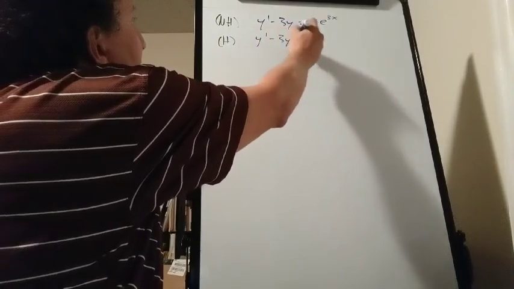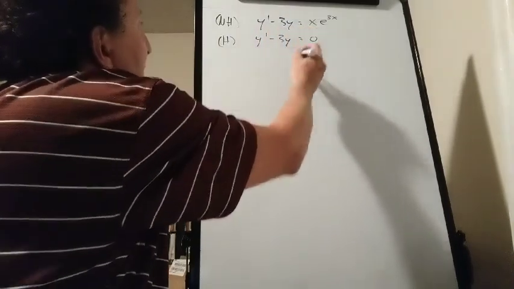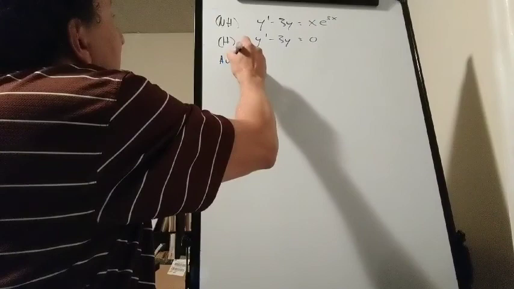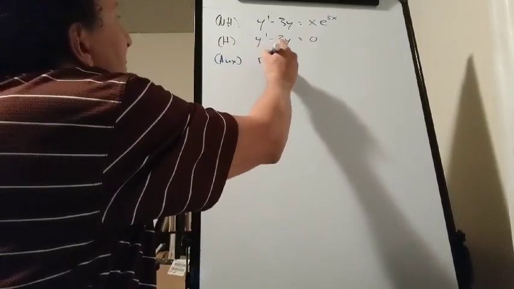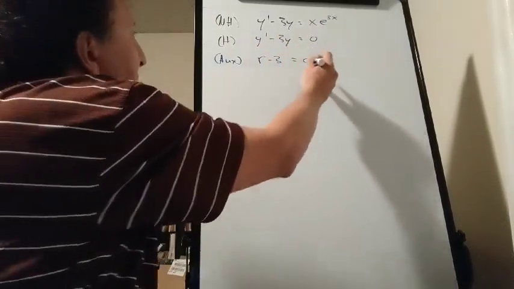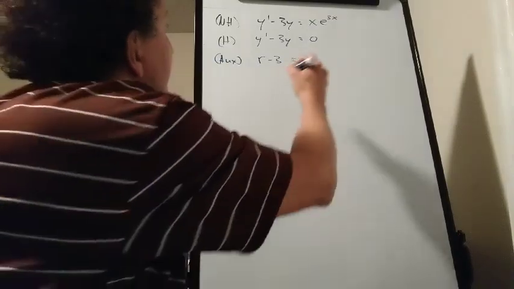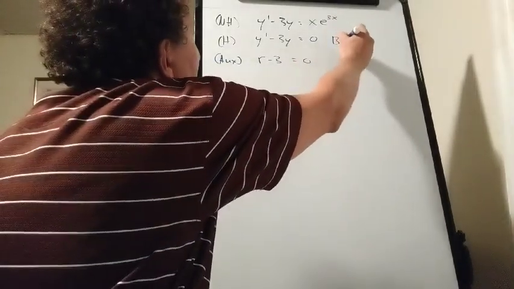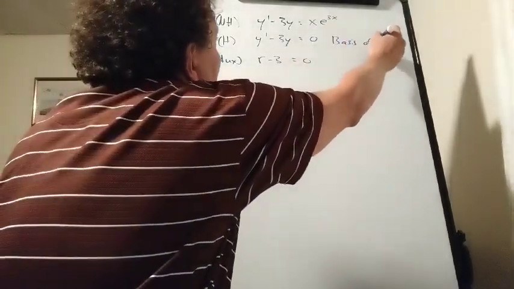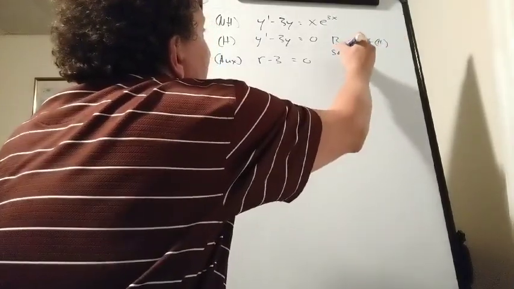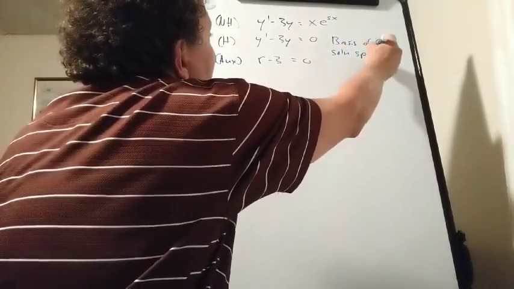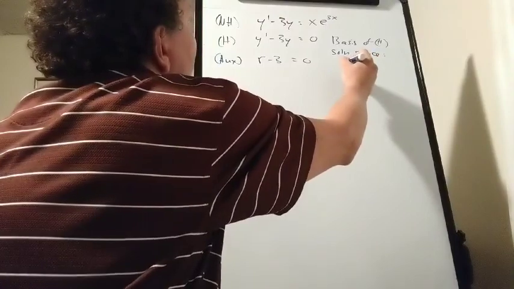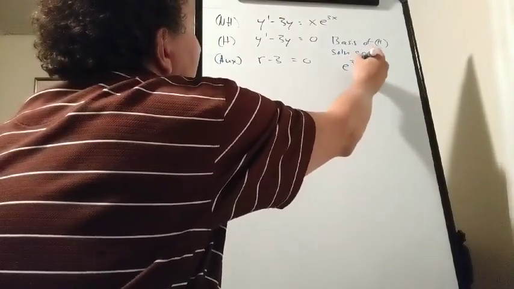The homogeneous differential equation is y prime minus 3y equals 0. The auxiliary equation is r minus 3 equals 0. So a basis of the homogeneous solution space, which is one-dimensional, is just e to the 3x.